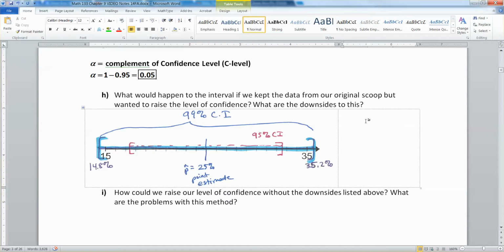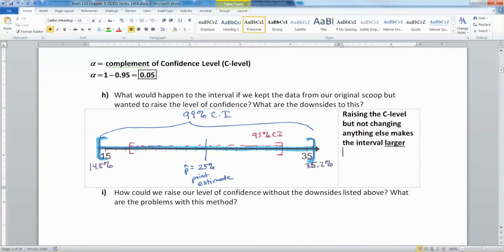So you can see that it makes the interval larger, right? Raising the C level but not changing anything else makes the interval larger.